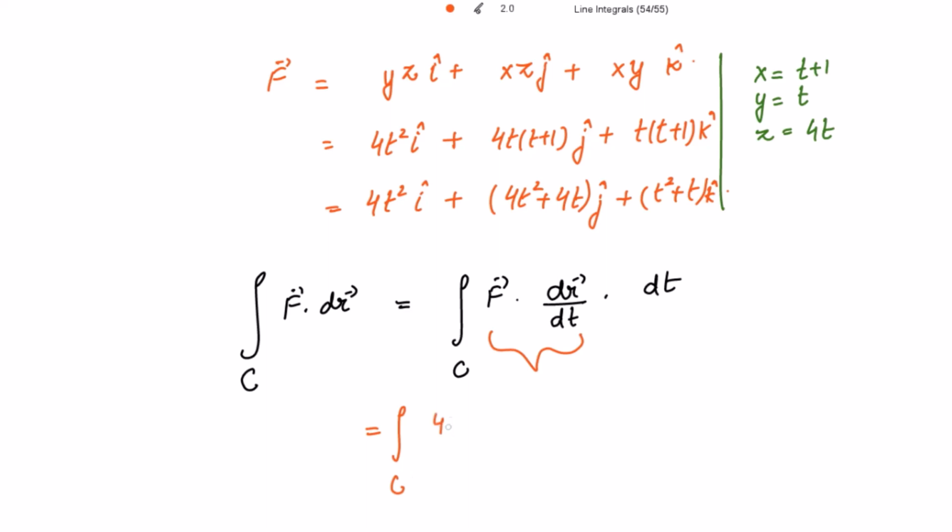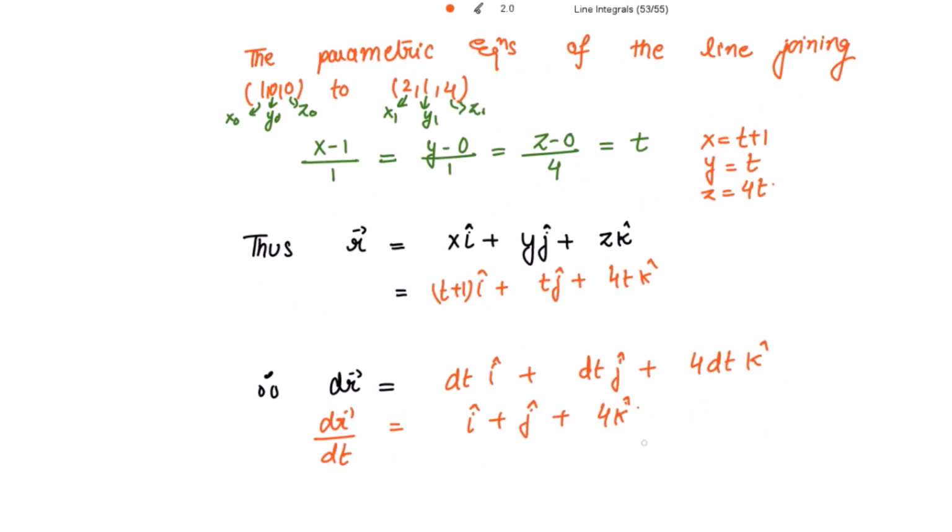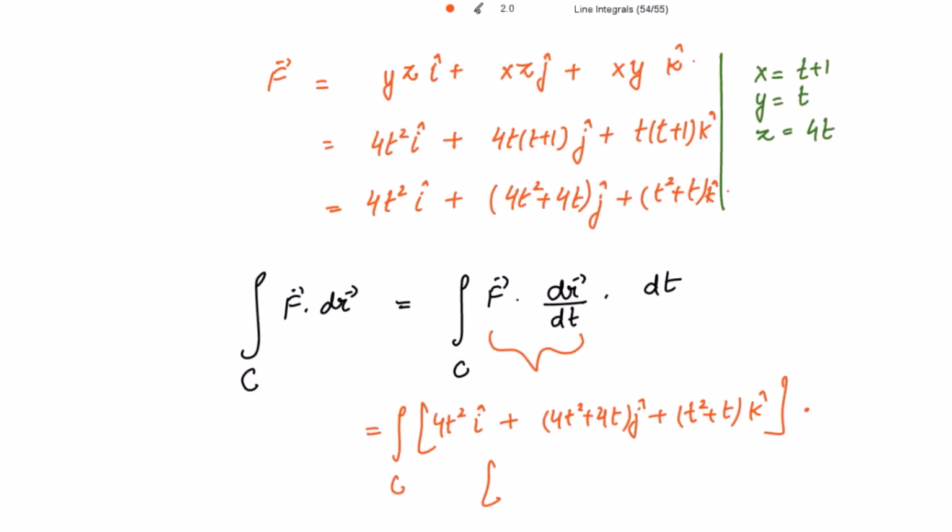So F vector is 4t square i cap plus (4t square plus 4t) j cap plus (t square plus t) k cap, and its dot product with the derivative of r vector with respect to t, that is i cap plus j cap plus 4k cap, dt, right?